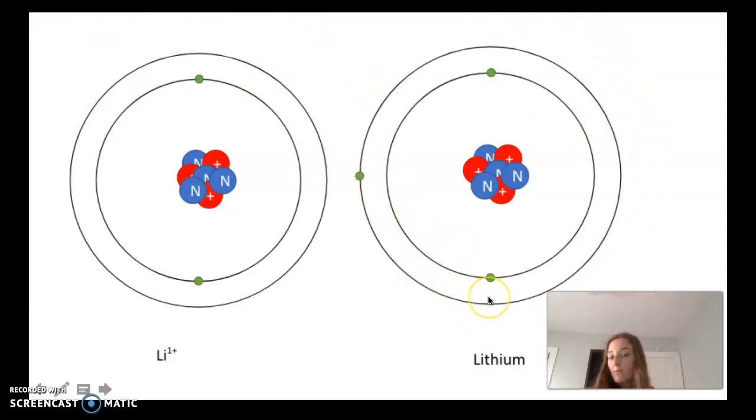So this is just a traditional lithium Bohr model. And then since it's a +1, I have to take one electron away. So notice it still has the same number of protons and neutrons in the center, but it has one less electron here.